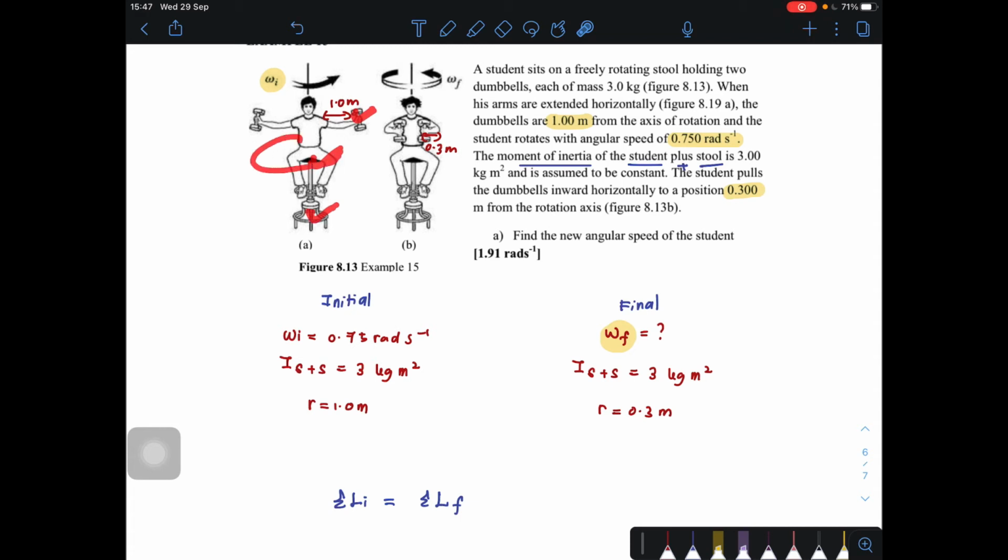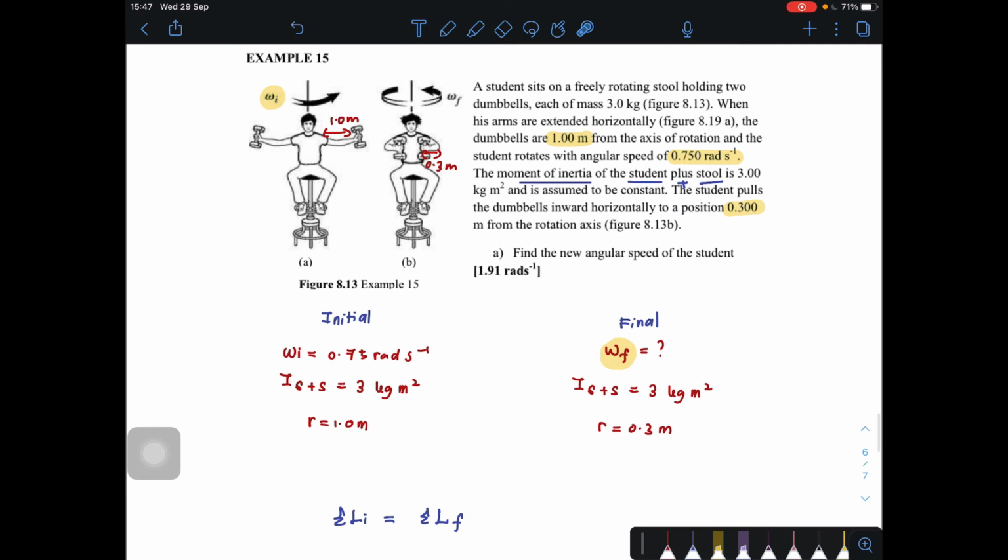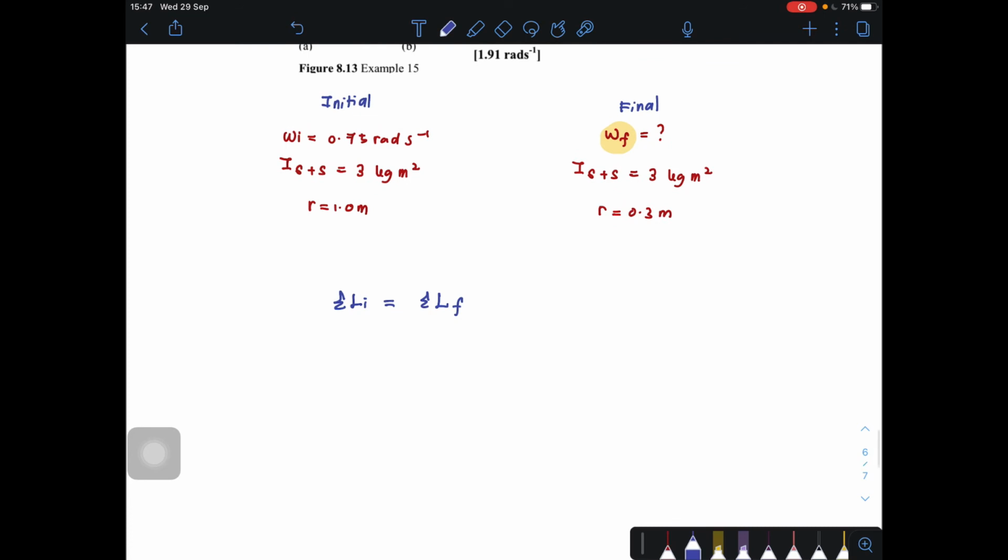So they will rotate with the same angular speed, but the moment of inertia is different. So now we are already given the moment of inertia of the student and the stool. So we need to find the moment of inertia of the dumbbell. So here it means we have the moment of inertia of the student plus the stool, plus the moment of inertia of the dumbbell. And then final is the same. And then this is what we want to find.